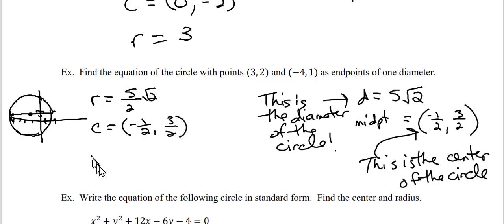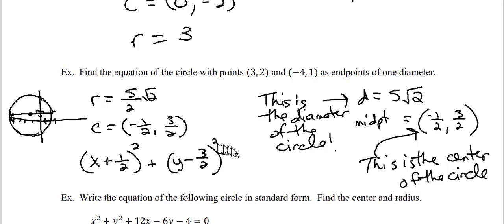So now I can write my equation. x plus 1/2 squared plus y minus 3/2 squared will equal 5/2 root 2 squared.